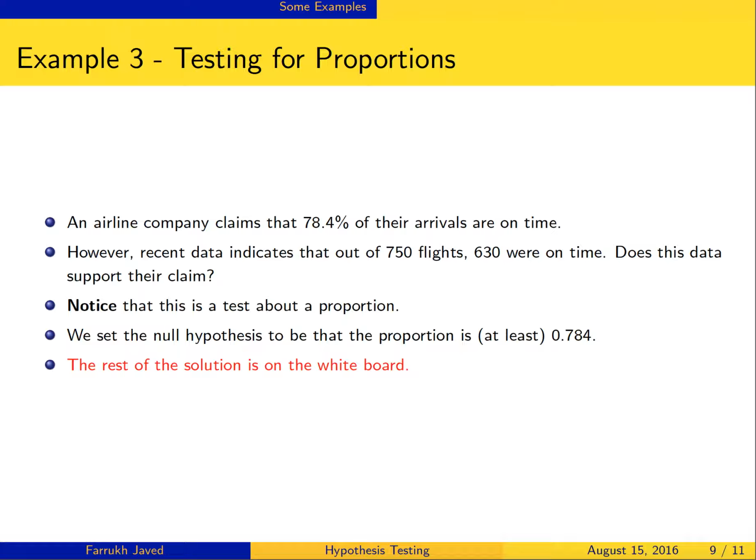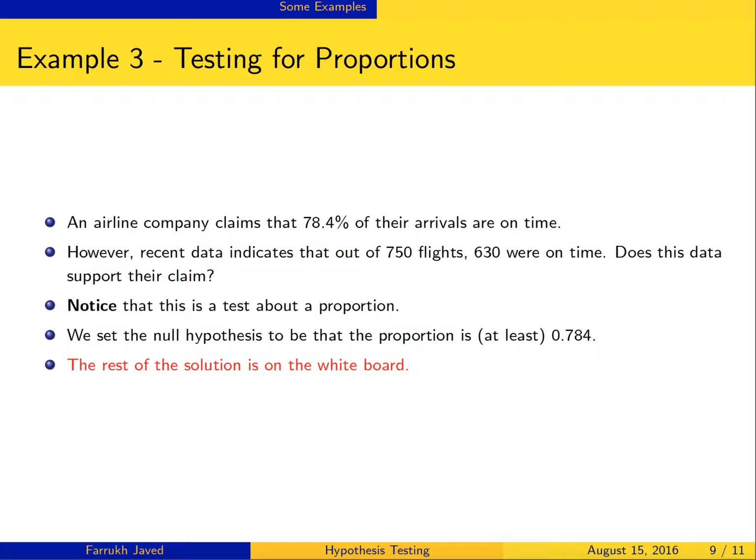We move on. Testing for proportions. In this example, an airline company claims that 78.4% of their arrivals are on time. This is a general claim, so it is the population value. Whenever we claim something generally, we say it is about a population. But when we pick some samples and look into them, we are working with samples.